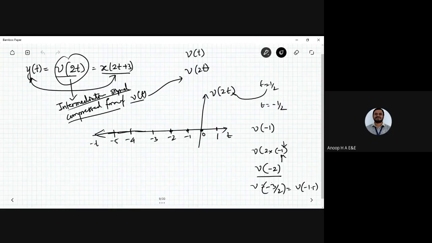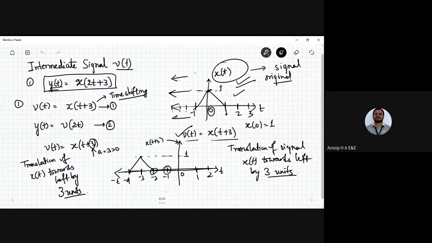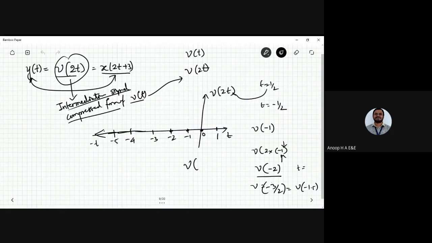Okay. So when you put t is equal to, just a moment, v of minus 2 is there, that is 0. Next, you will be getting minus 3 here. What is the value that you are going to put here? When it is minus 1.5, you will be having a magnitude of 1.